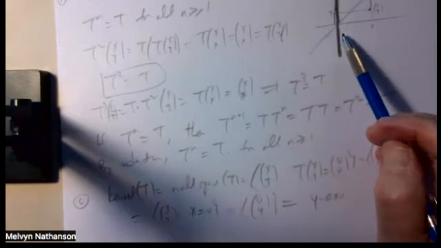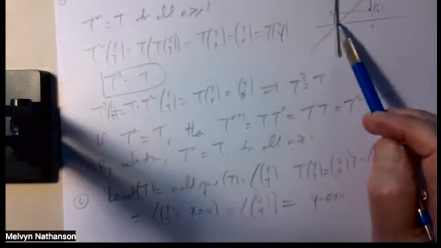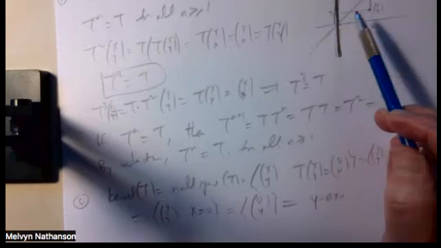That is the set of all vectors 0, Y. That's the kernel, which is what we call the Y-axis. So all the vectors where X is 0, the Y-axis. Every vector on the Y-axis gets mapped by this linear transformation T to 0, to the origin. And that's the whole set of vectors that get sent to 0.